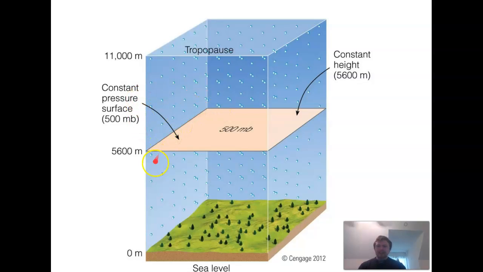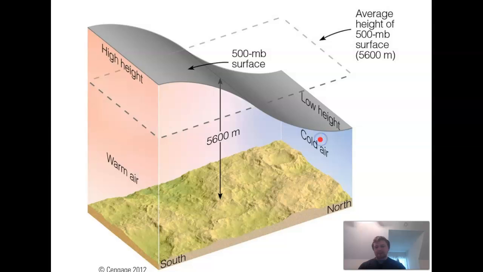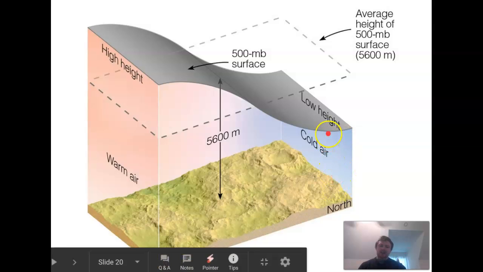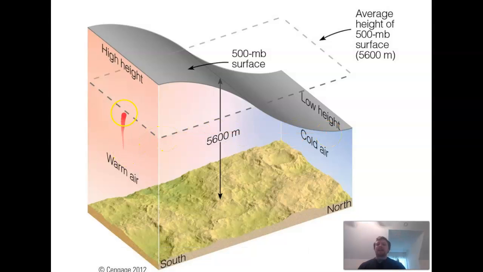So this surface, for example, is constant pressure and constant altitude. Everything at 5,600 meters is exactly 500 millibars. We don't really observe that. Normally, we'll observe a 500 millibar pressure at different altitudes. And like we talked about before, when the air is colder, then the air is going to be more dense, and I'll get to 500 millibars at a lower altitude than when the air is less dense and it's warmer.